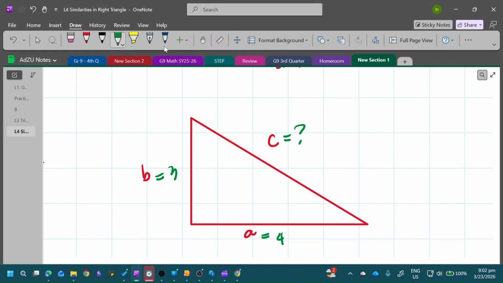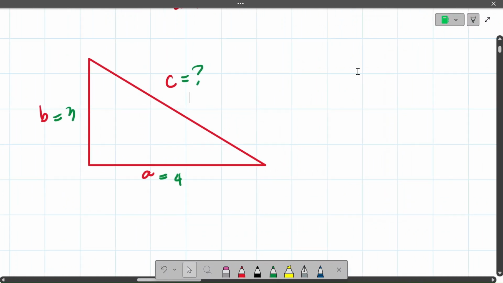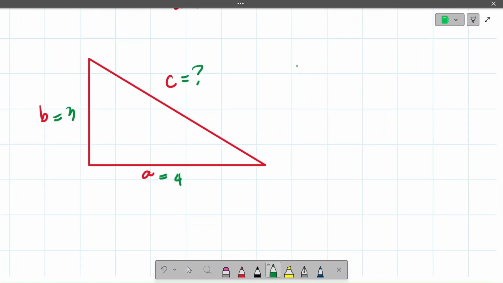You can now use the formula a squared plus b squared equals c squared, where A is 4 squared plus 3 squared, and C is the same.